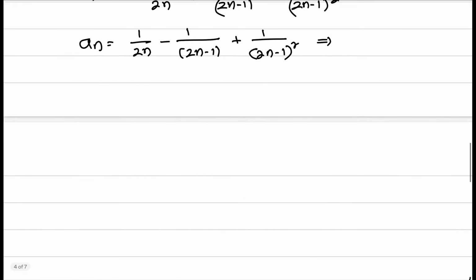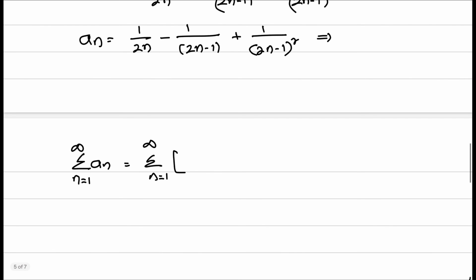That implies the total series will be sigma n is equal to 1 to infinity of an, you put this value, 1 by 2n minus 1 by 2n minus 1 plus 1 by 2n minus 1 whole square.